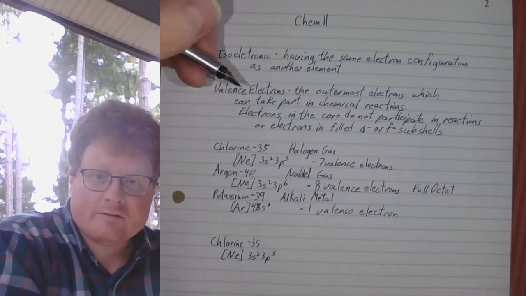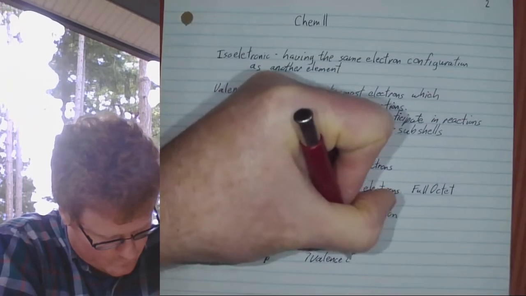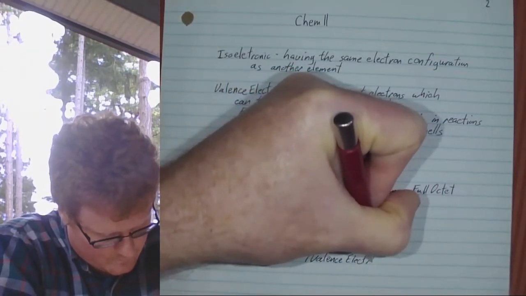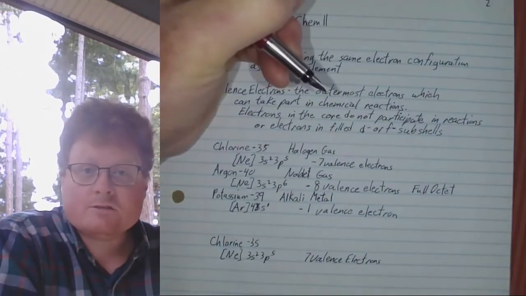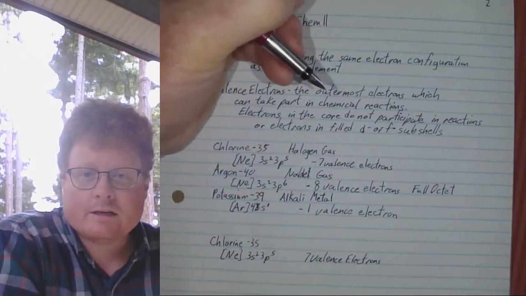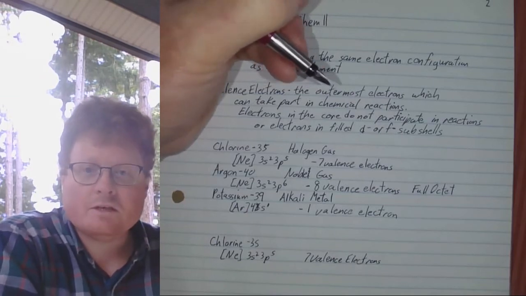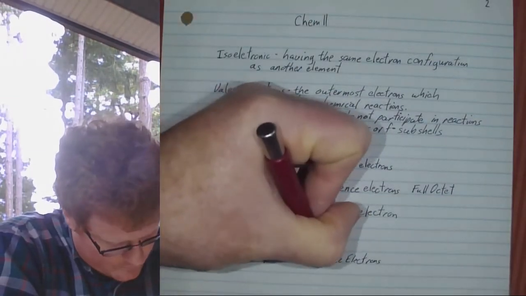If it has currently 7 valence electrons, how many electrons does it need to fulfill an octet? It needs 1 to get to an octet.